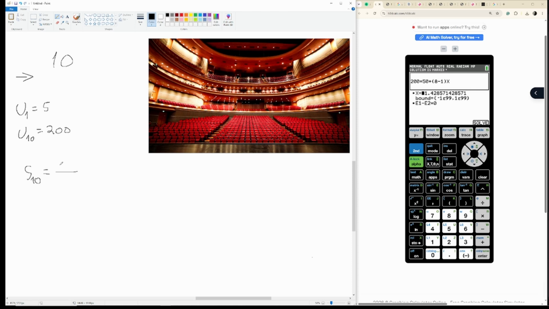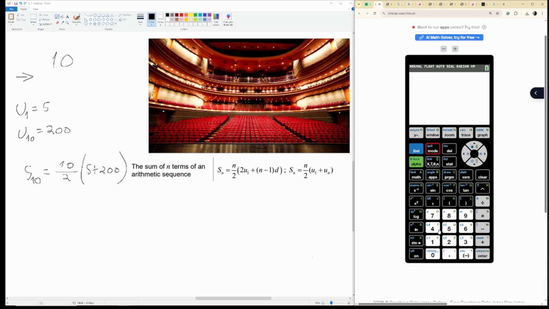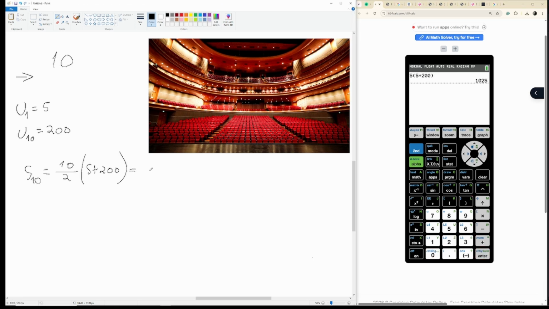We just divide 10 by 2, and then we stick to the formula, put 5 plus 200. Then we can put it quickly into our calculator. And we get that the total within the 10 minutes of people coming in was 10,025.